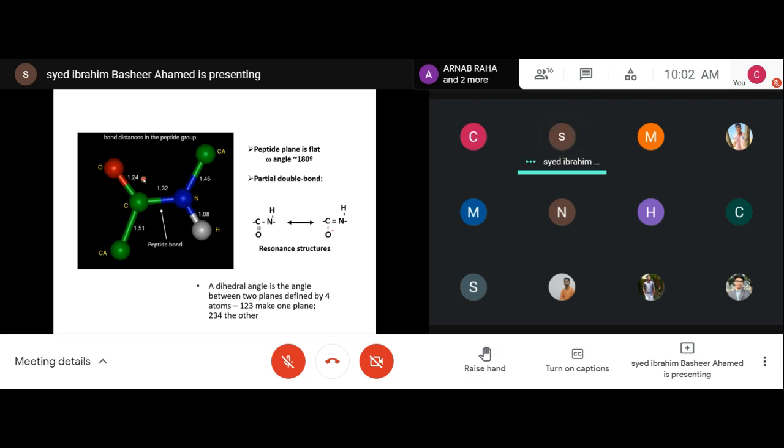Students? Say yes or no? Yes, sir. If I measure the angle between these 2 planes, that is called a dihedral angle, or I can say a torsion angle.